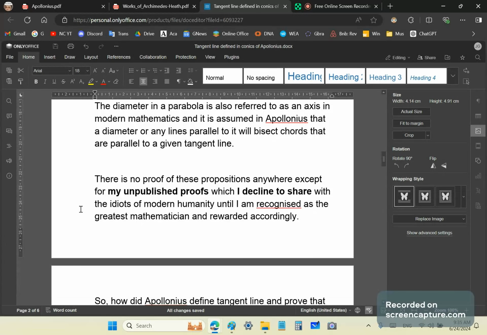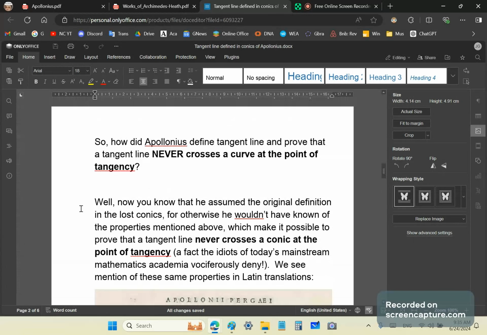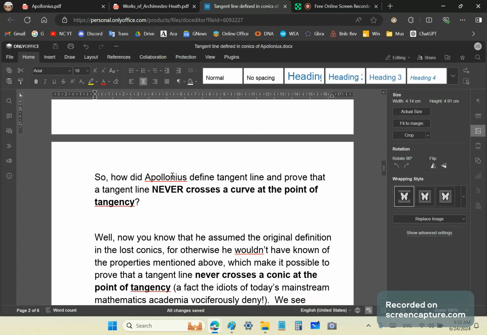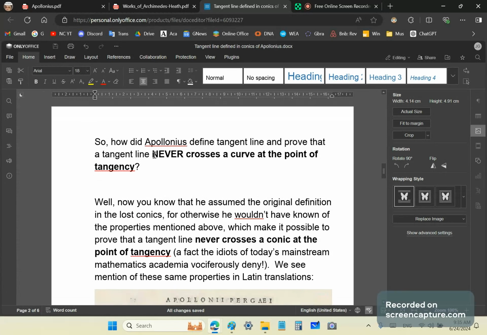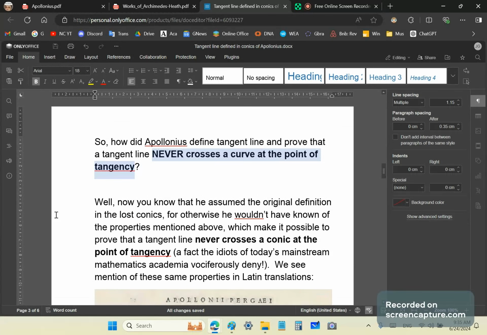Now, as I mentioned, Apollonius defines the tangent line and proves that a tangent line never crosses a curve at the point of tangency. So somebody might say, well, he didn't really define it, but he did, because he defined it in terms of its main property, that it never crosses at the point of tangency.